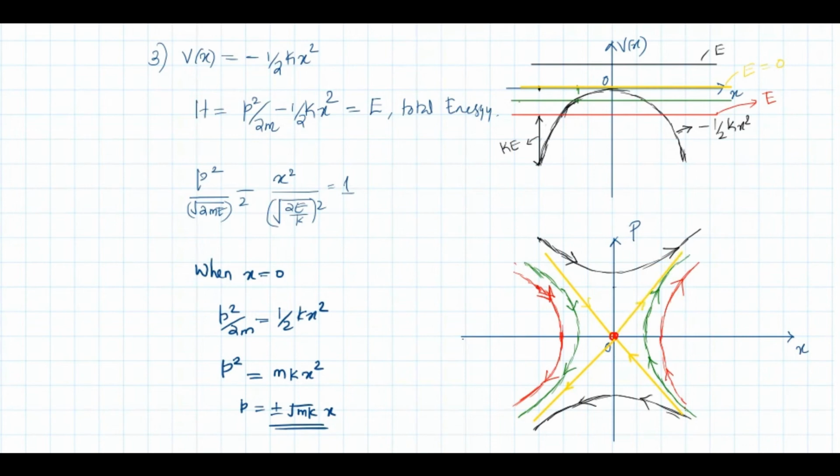These four lines separate the two sets of curves: one set, the negative energy curves, parabola, hyperbolas like this, and the other, the positive energy curves, hyperbolas like this. Okay, the yellow curve separates these two sets of curves, and these are known as separatrix.